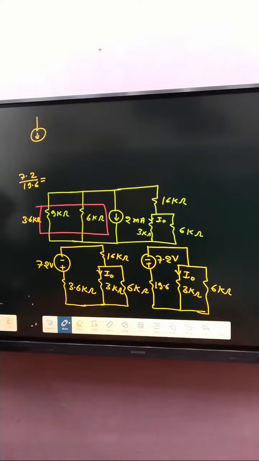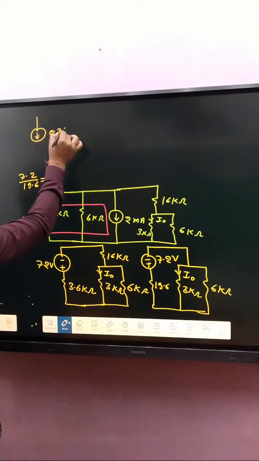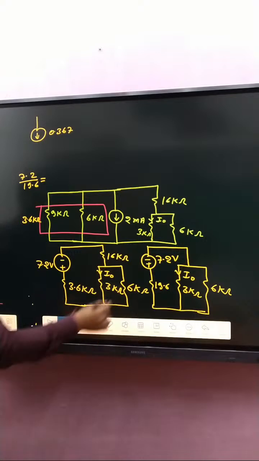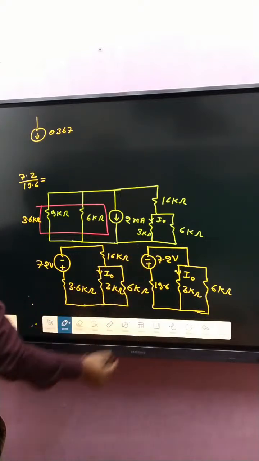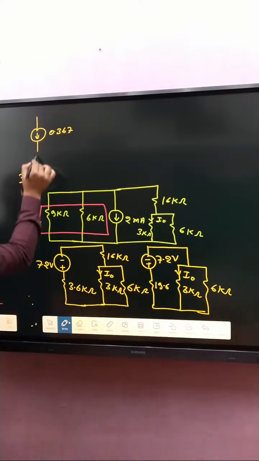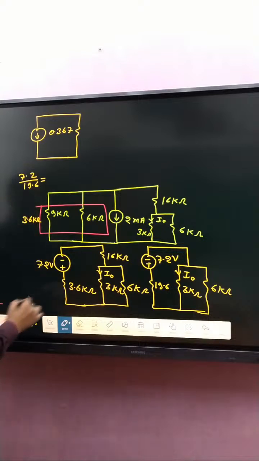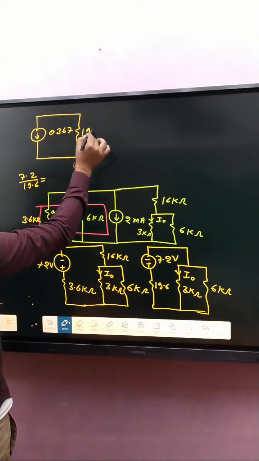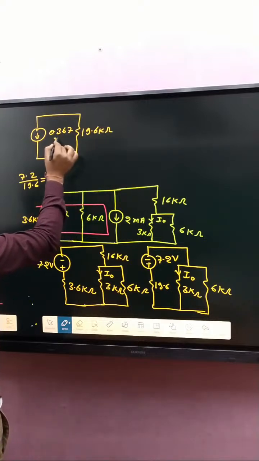We got 0.367. The 0.367 current direction is downward because of polarity: here the lower plate is positive and the upper plate is negative. And the resistance is 19.6 kilo ohm, and the current is in milliampere.